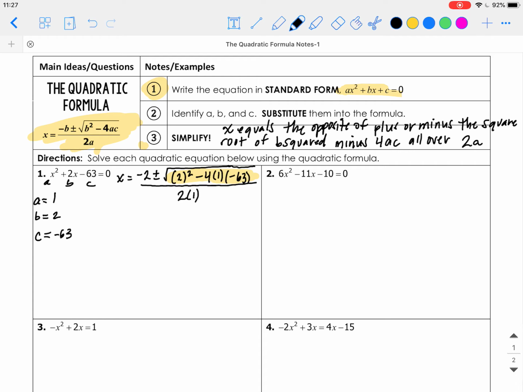So let's simplify this a little bit. So I got x equals, still have that negative 2 in front, plus or minus the square root, and everything under the square root simplifies to 256. So be careful when you're typing everything in, okay? So I have 256, and this is all over 2 because 2 times 1 will give me 2.